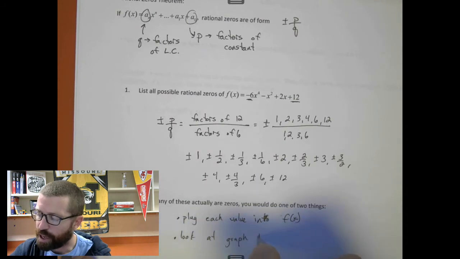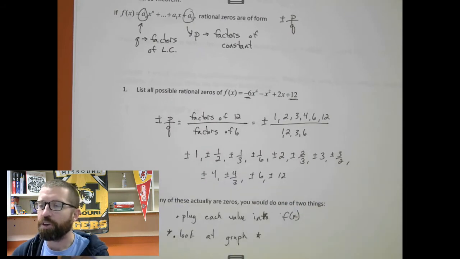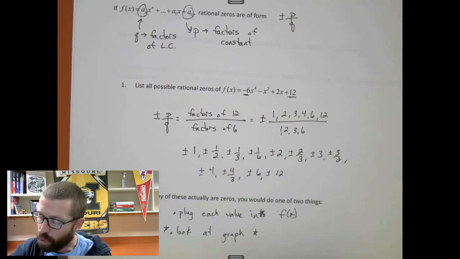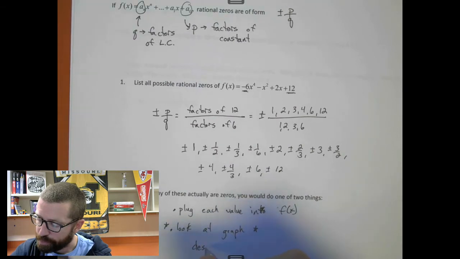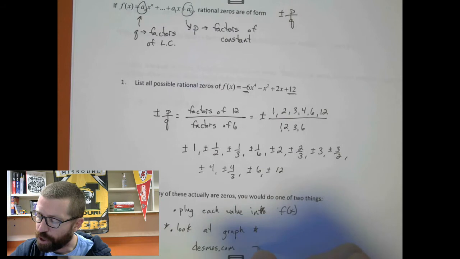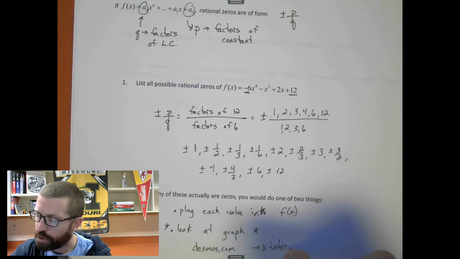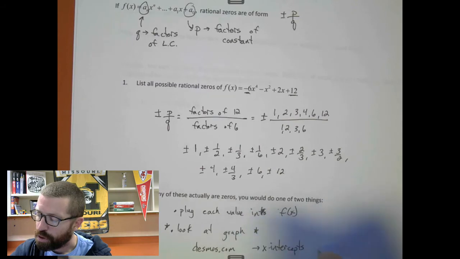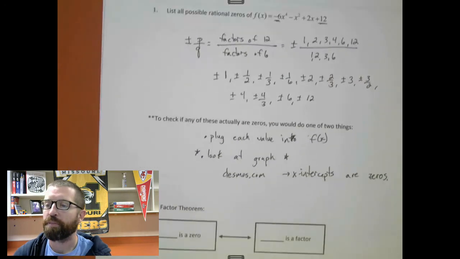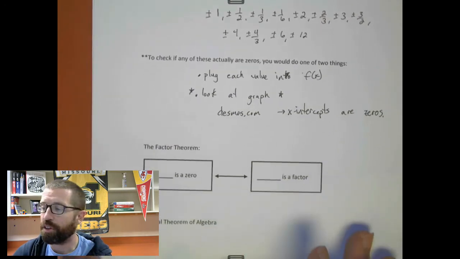We have enough graphing technology in our day right now where you can either use your graphing calculator or go to desmos.com, and you are looking for x-intercepts. The x-intercepts are zeros. And we'll do that later here in this video.